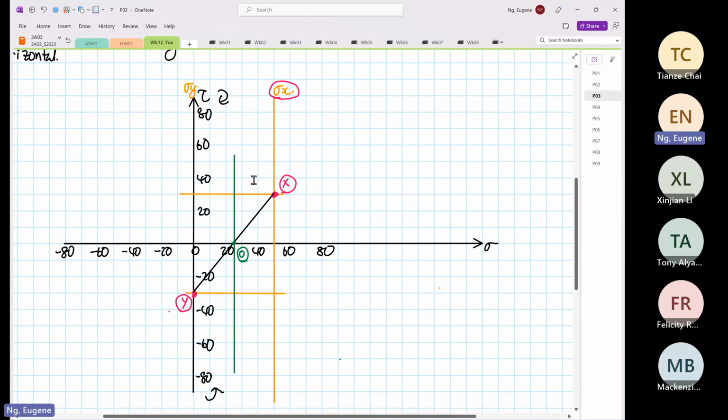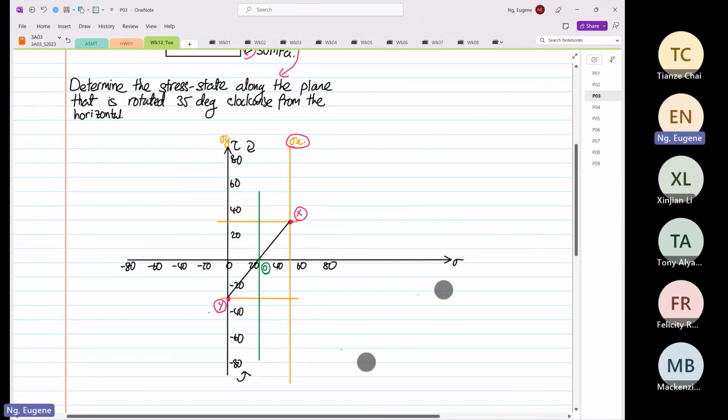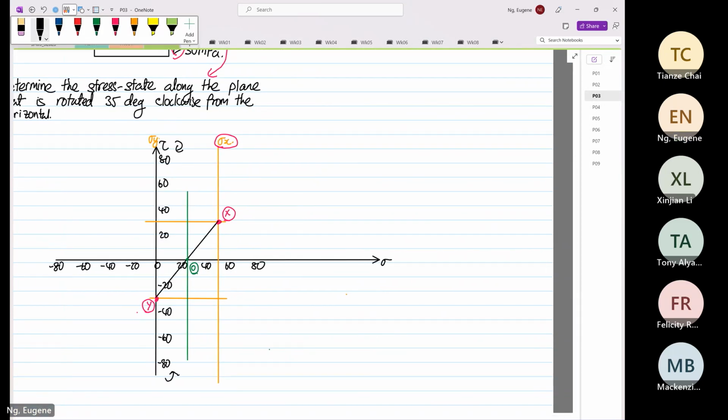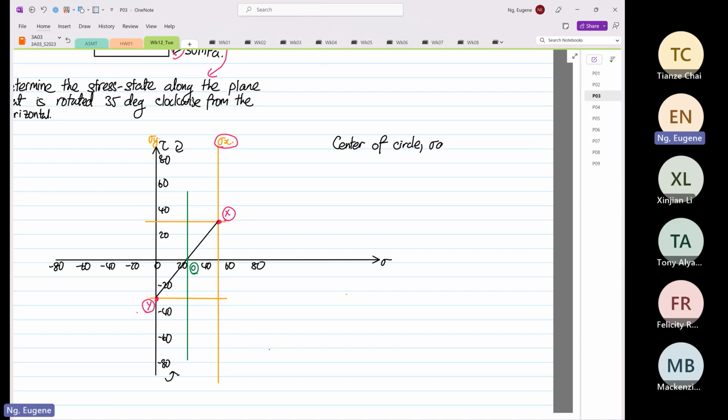Okay, so we can do some calculation on this, right? So we have found the center of the circle, which is your stress average, which is equal to 50 plus 0 divided by 2.